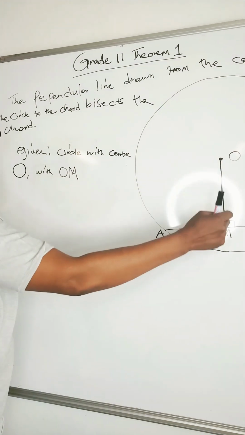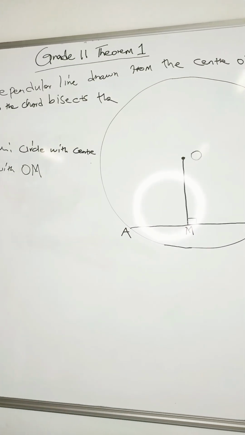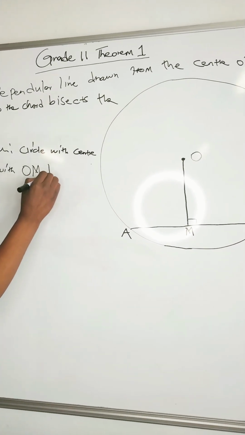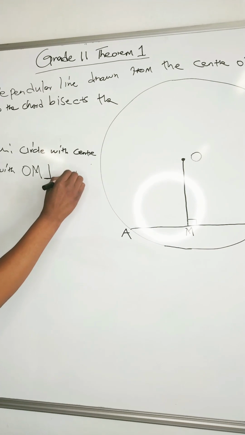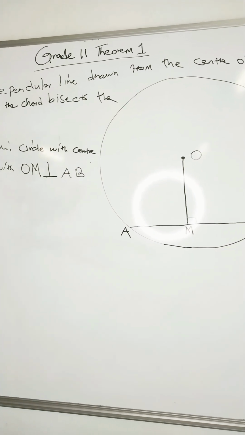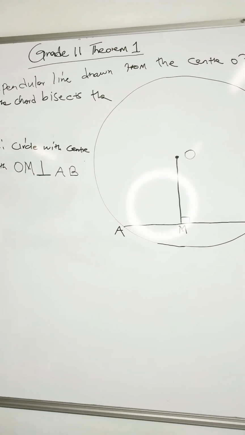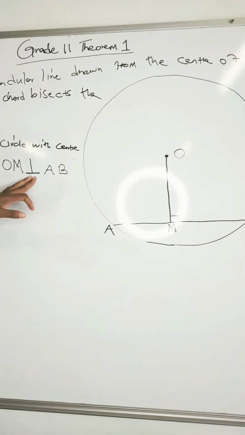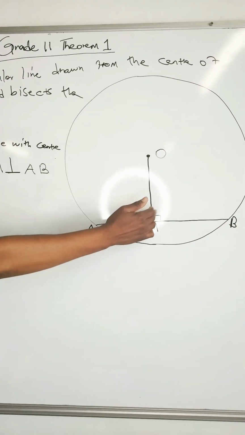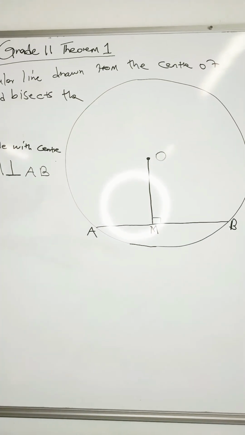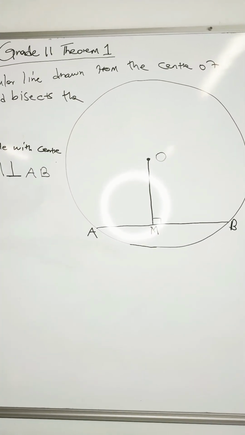Here is our OM. I have explained the meaning of perpendicular, that it's a line that makes a 90 degree angle there.